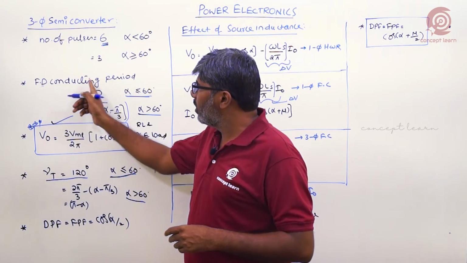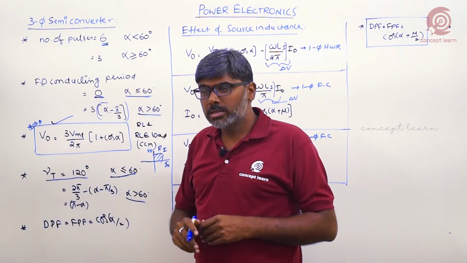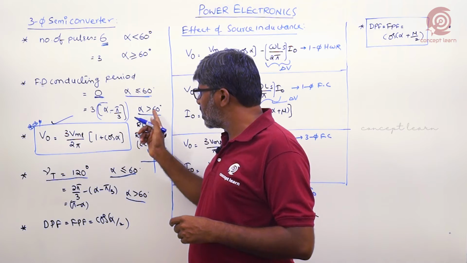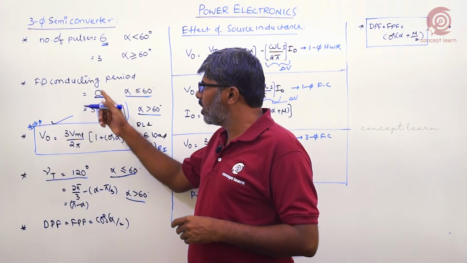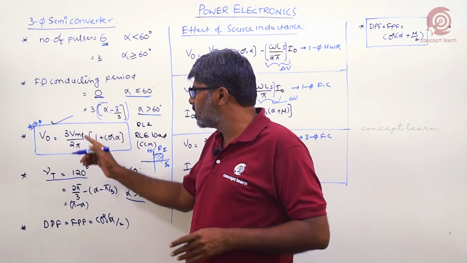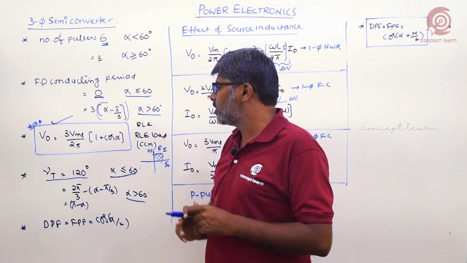The conducting period of the freewheeling diode when alpha is less than or equal to 60 is 0 degrees because it is continuous conduction mode. And when alpha is greater than 60 degrees, the conducting period of the freewheeling diode over the cyclic period is 3 pulses times (alpha minus pi by 3).